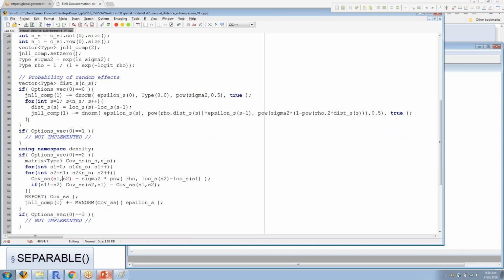So instead of this line where you say that the covariance equals sigma times an exponential covariance function, replace this function with some other covariance function that you could look up on Wikipedia, and try that one again, and we'll look as a group at the resulting Hessian matrix. So that'll be the exercise.